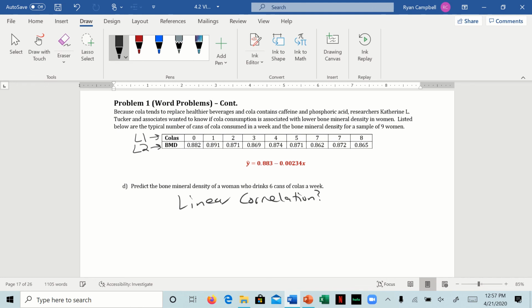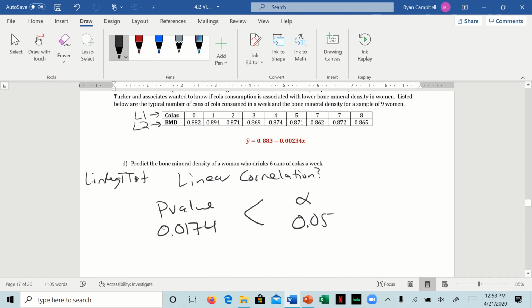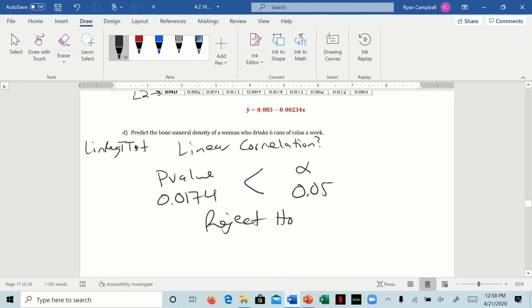After you plug this in and do LinReg t-test again, you'll see that the p-value is 0.0174. Significance level, as always for these problems, is 0.05. So it's less, which means that we reject. So there is sufficient evidence to conclude a linear correlation. There is a linear correlation.